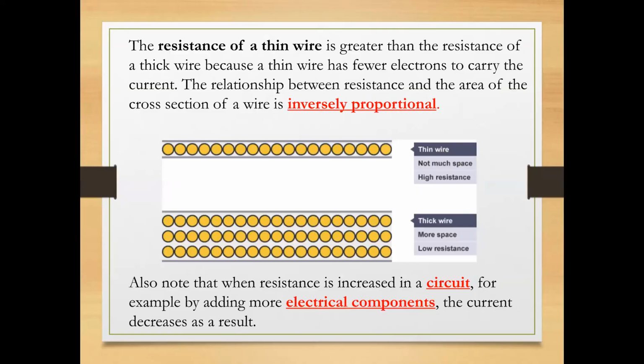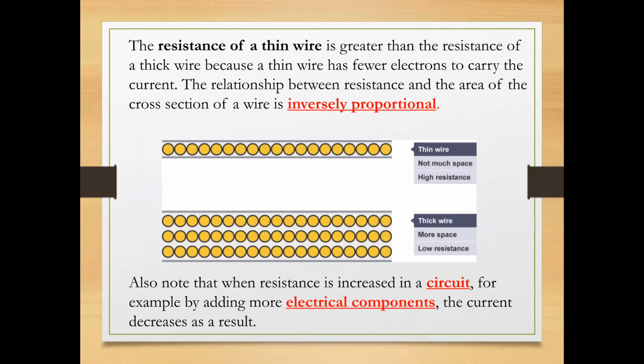Now, the resistance of a thin wire is greater than the resistance of a thick wire because a thin wire has fewer electrons to carry the current. Listen to this one. Why? Because a thin wire has few electrons to carry the current.